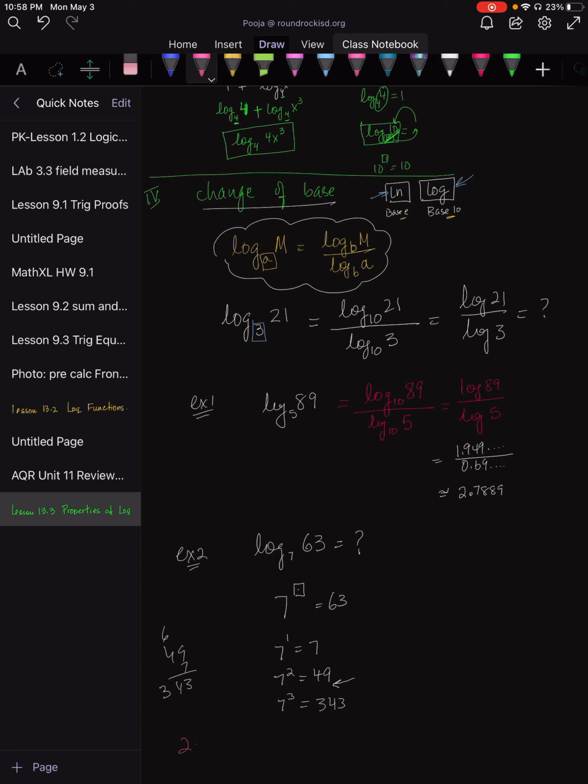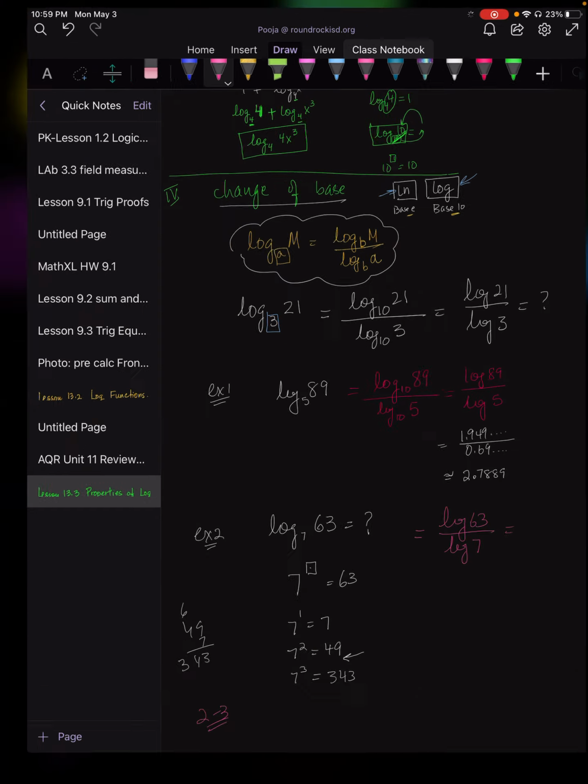I got that part, it is between 2 and 3, but then that base 7, there's no dedicated button for it, so I'm going to quickly use the change of base property. I'm going to do log 63 over log 7. Put it in the calculator, let me see if I have Desmos open.